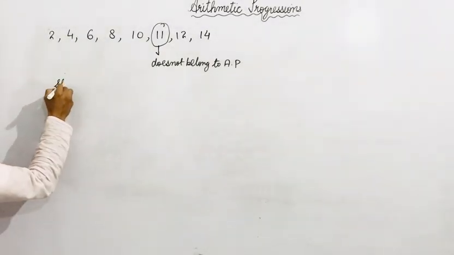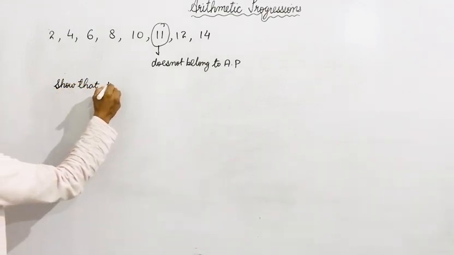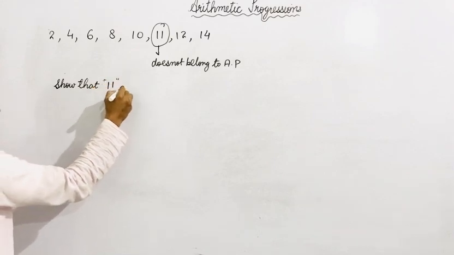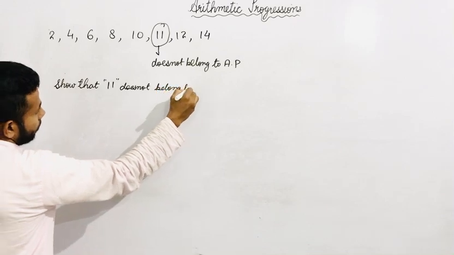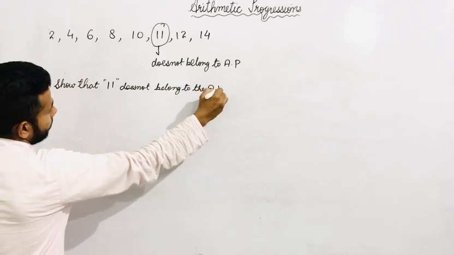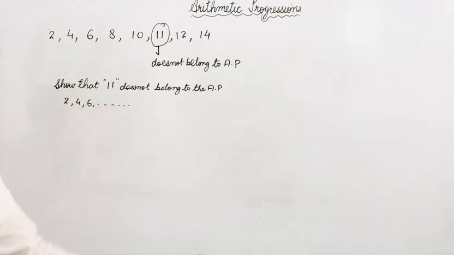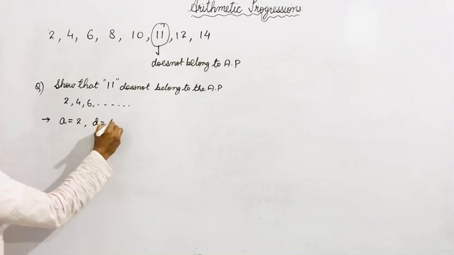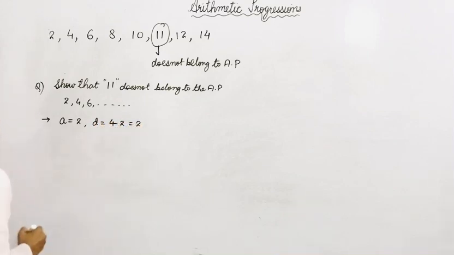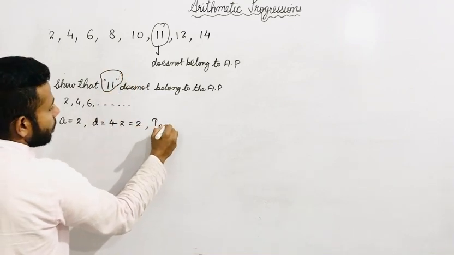So show that 11 does not belong to the AP 2, 4, 6. And this is the question. So it is very clear. A equals 2, D equals 4 minus 2, that is 2. And which term is it asking about? It is asking about 11. So Tn equals 11.